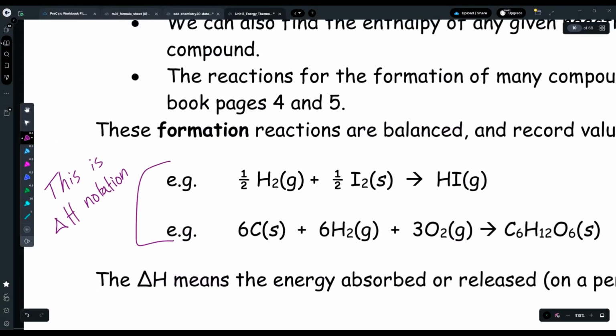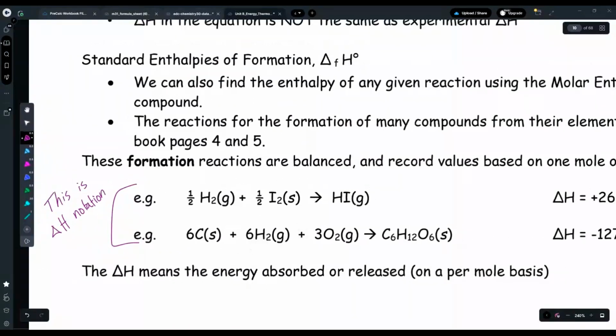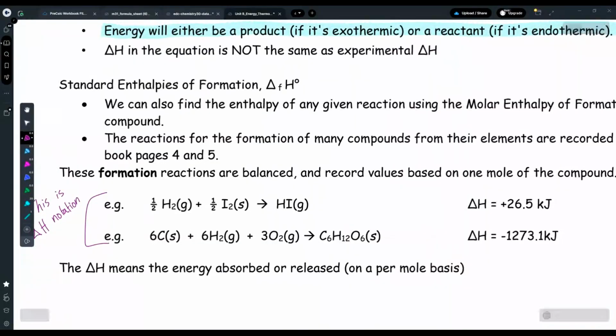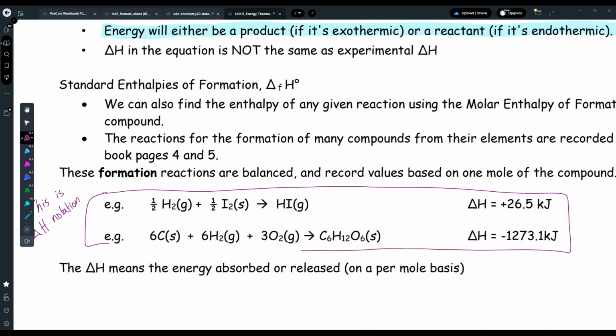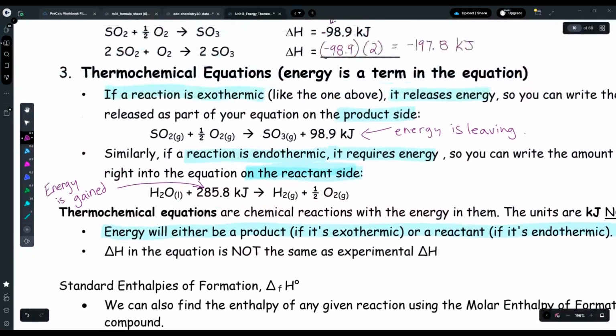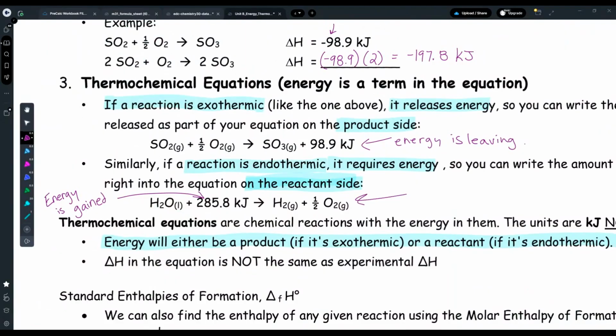If a question asks you to write a chemical equation and the enthalpy term in delta H notation, this is what it means. However, if your question asks you to write a thermochemical equation, this is what it means.